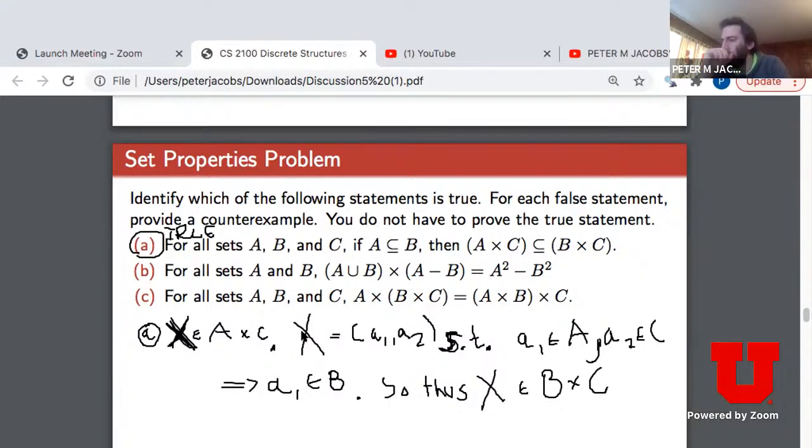For the next one, it says for all sets A and B, (A union B) cross (A minus B) is equal to A squared minus B squared.